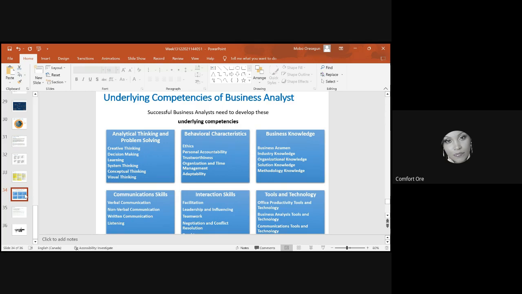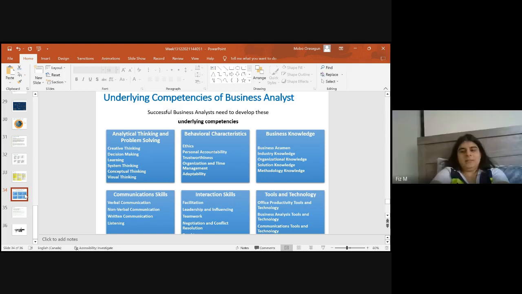A business analyst is the one who enables change by identifying the needs and the problems, and recommending solutions that deliver value to stakeholders.